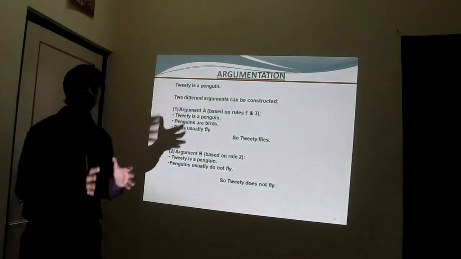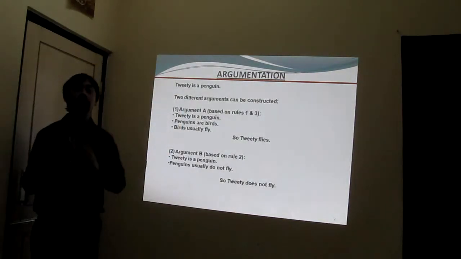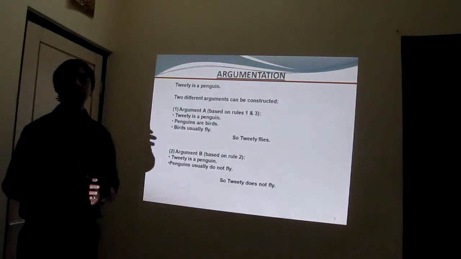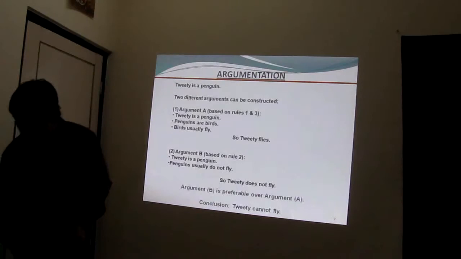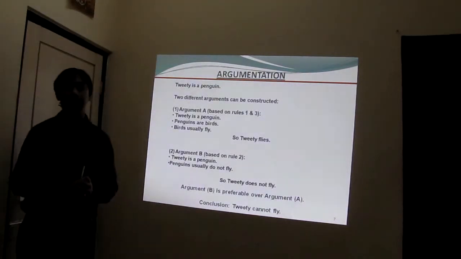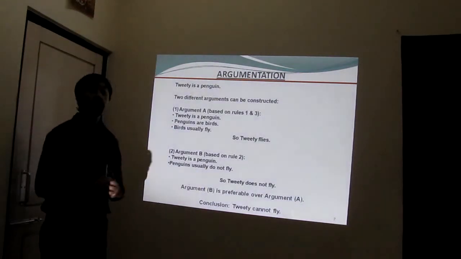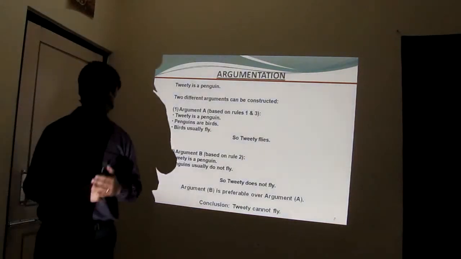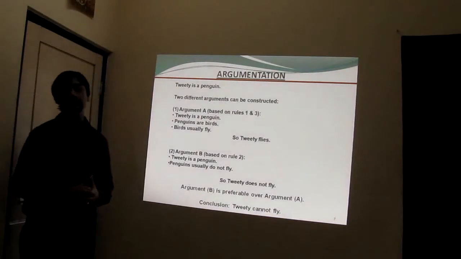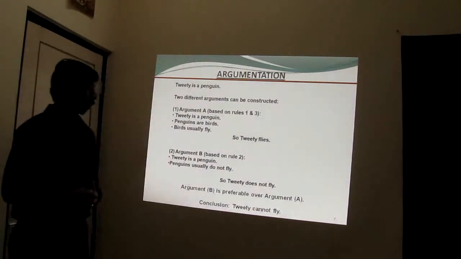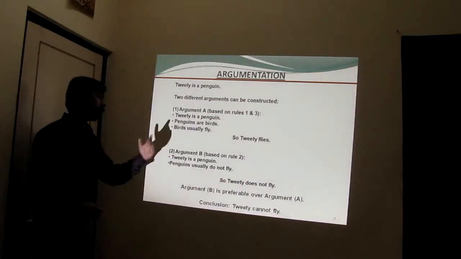So now we have two contradicting conclusions from those three statements. So now the question is, which conclusion should we consider? We'll consider argument B over argument A because this is more direct. We have straight information like Tweety is a penguin, penguins do not fly.